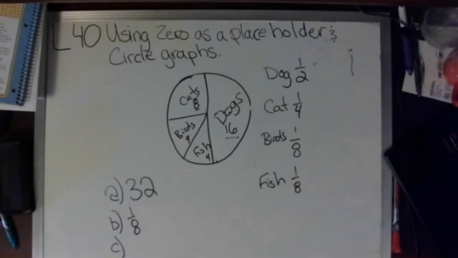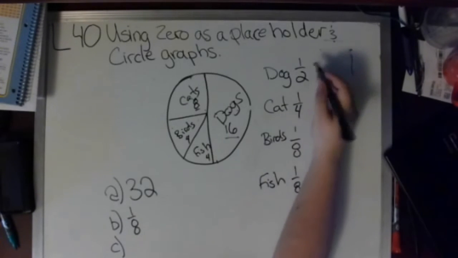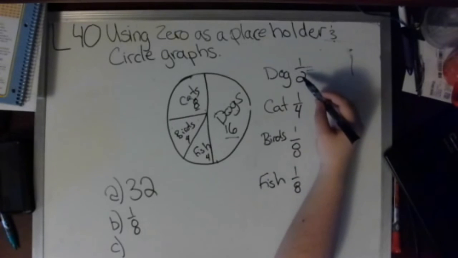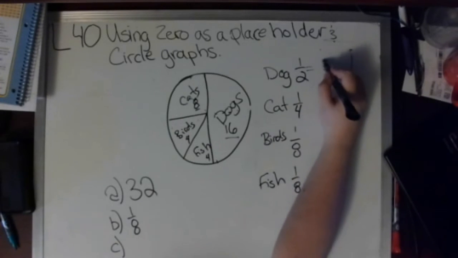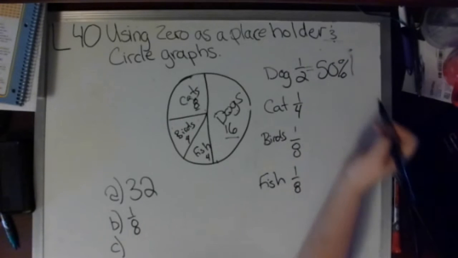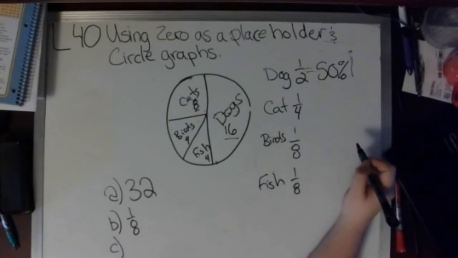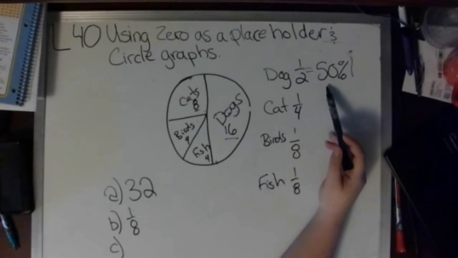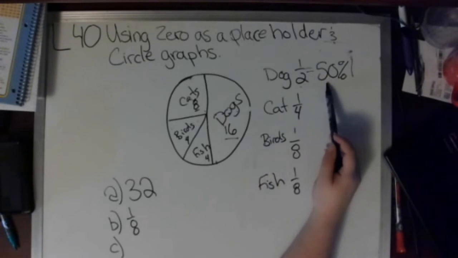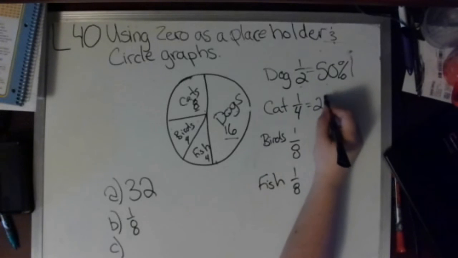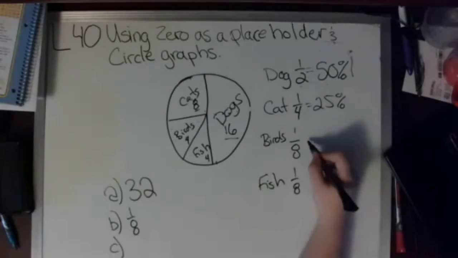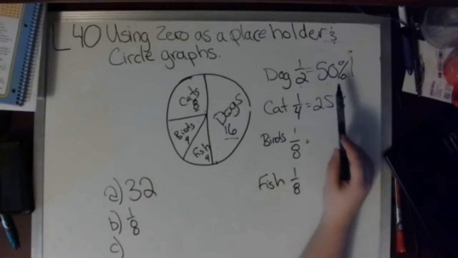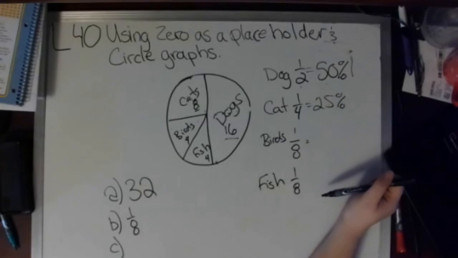Well, now it's different. You take this fraction, and these ones you should have memorized. If you have the fraction half, your percentage is 50%. This is just one of the ones you should have memorized from previous days. Half is 50%, just like a quarter is 25%. And then we just keep going down. Notice that 25 is half of 50. We just keep going down halves and halves and halves.